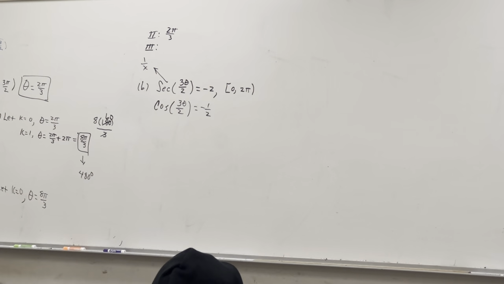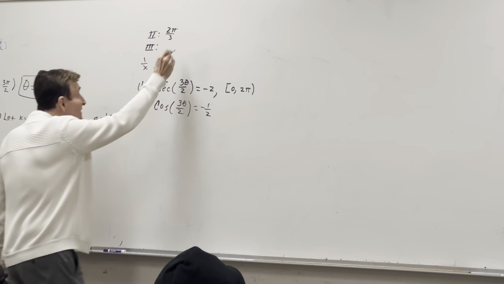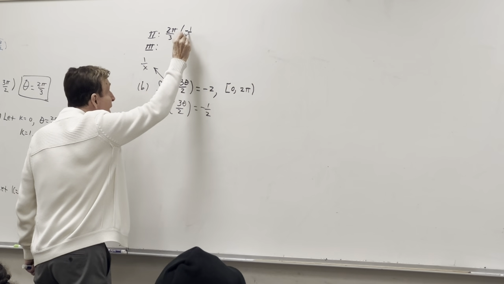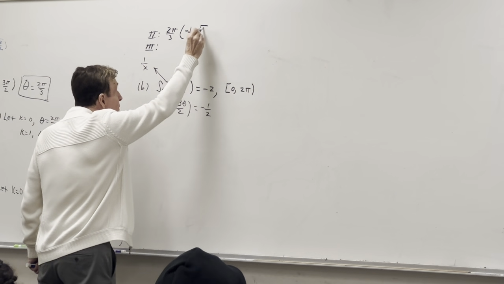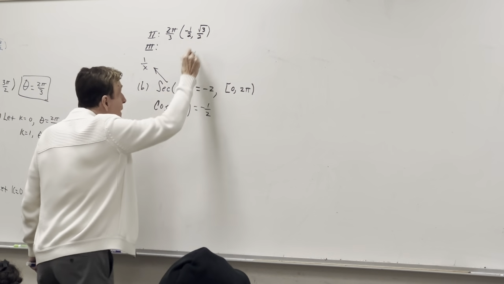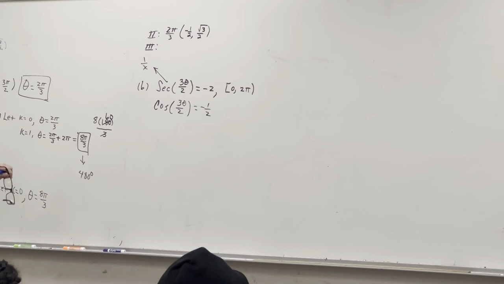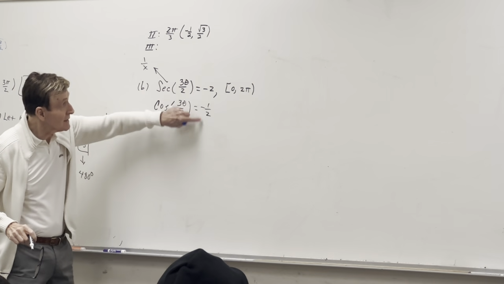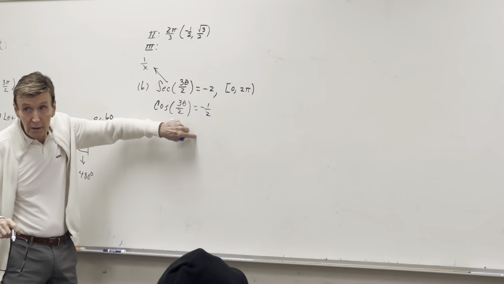What were the coordinates for 2 pi over 3 on that unit circle, just out of curiosity? Was it -1/2 and radical 3 over 2? Yes, I think. Was it on the unit circle at 2 pi over 3? Yeah. And we want what? Cosine to be -1/2 and cosine is x. So 2 pi over 3 is it.